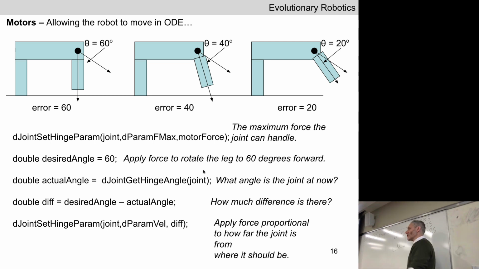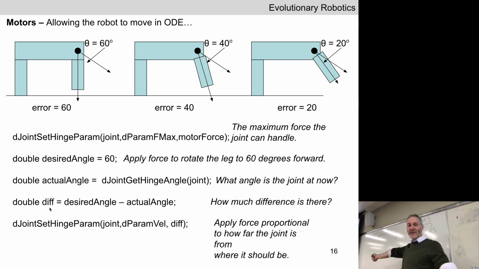Walk me through what happens over the next 10, 100,000 time steps if this piece of code stays constant. What happens to the front leg of the robot? Asymptotically approaches 60. It asymptotically approaches, right? The leg starts to kick out in front of the robot very quickly and very forcefully, and then it starts to slow down and slow down and slow down until it gets to 60 degrees.